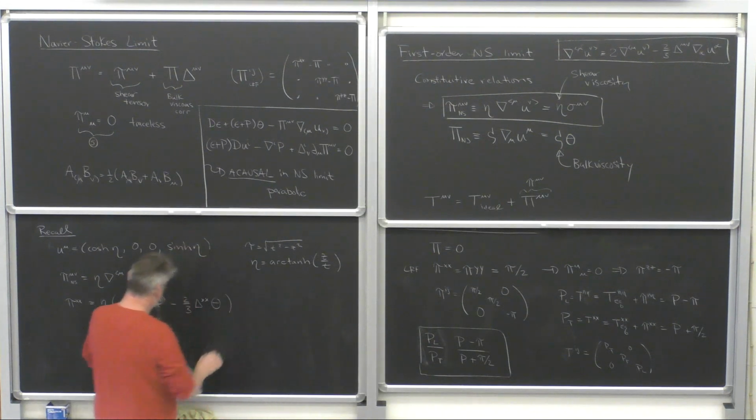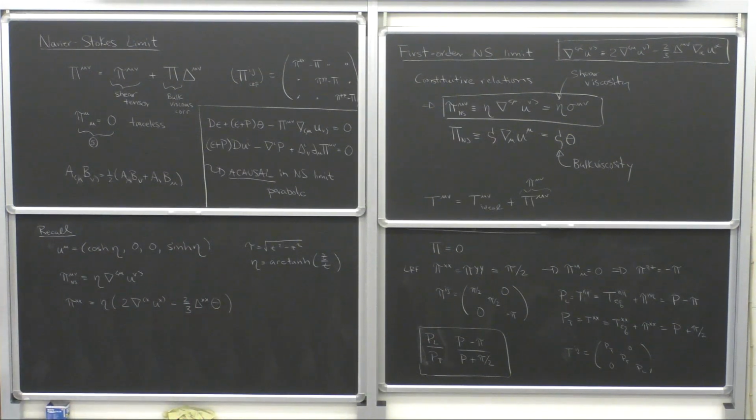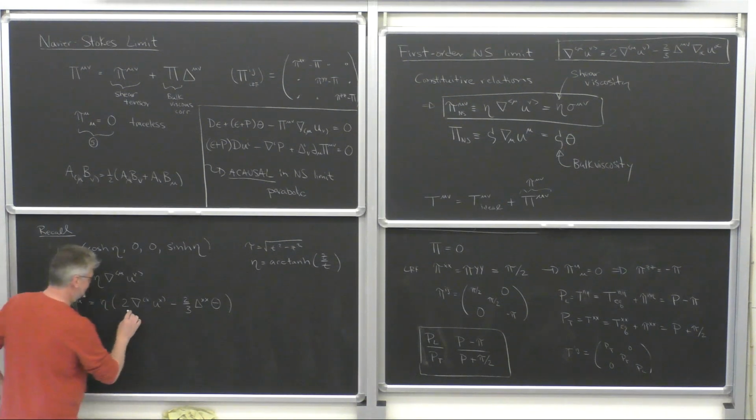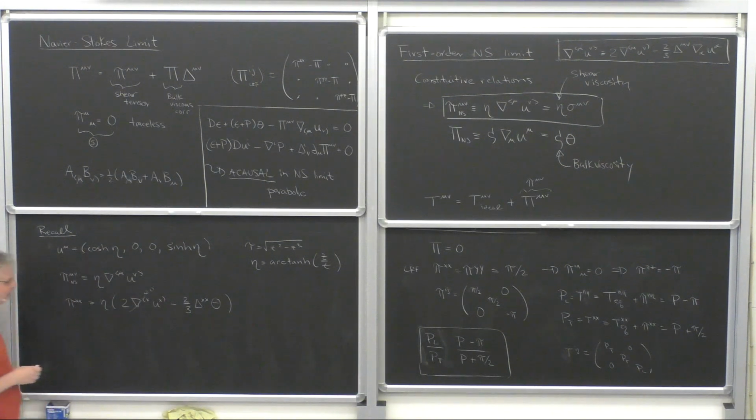Sorry for the squeakiness. All right, so that's what it would be in Bjorken flow, except for, what's this term in Bjorken flow? 0y. Yeah, because ux is 0. Good, I'm just making sure you're paying attention. That one's 0 because there's no flow in the x and the y directions.